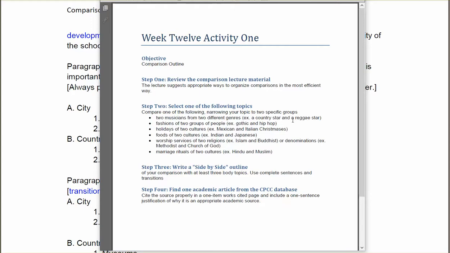So I can't talk about, with Johnny Cash, type of music, or let's see, type of instruments used, and subject matter of songs for Johnny Cash, and then for Bob Marley, the fan base and where they perform.